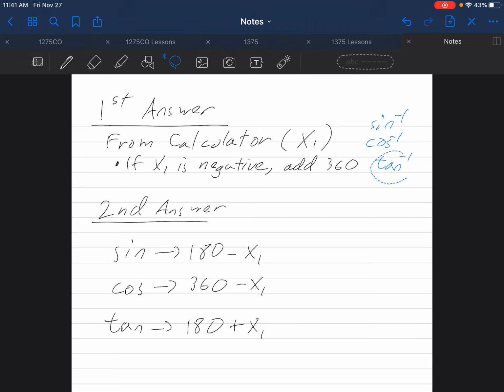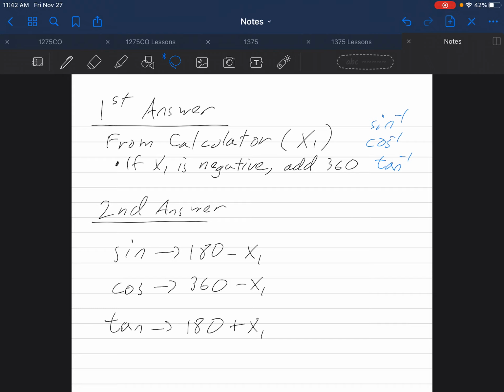A sine function and a tangent function can give you those answers. Cosine cannot. It's just the nature of the way it is. But if that happens, then add 360 to it to give you a new x1 that is within range. Again, a principal root, though, can be negative. A principal root can be negative 45, negative 60, negative 30 degrees.